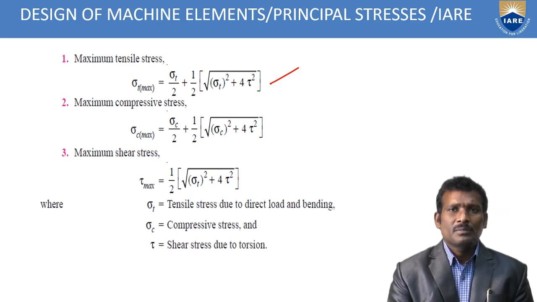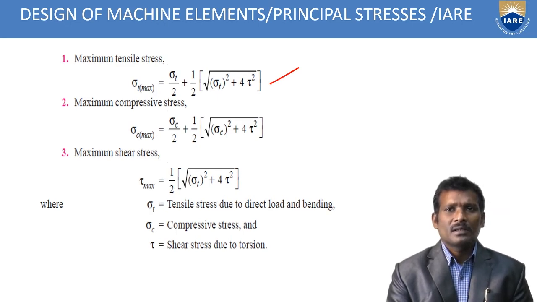Here, sigma T indicates tensile stress due to direct load and the bending load, and tau is shear stress due to torsion.